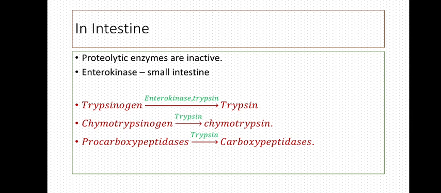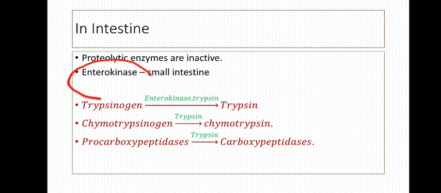Now, when the food is there in the intestine for its digestion, what happens? This trypsinogen must be activated to trypsin, and there comes into the picture one of the major enzymes, that is called the enterokinase enzyme.